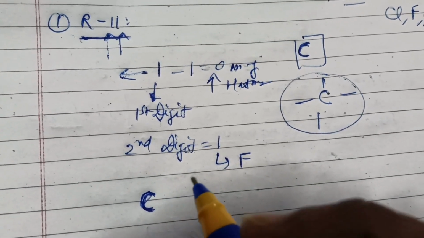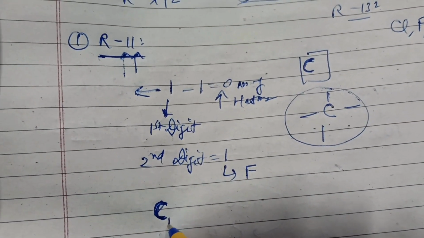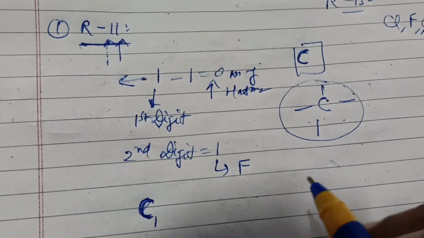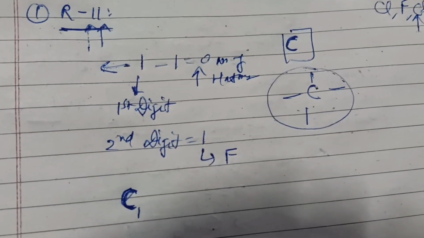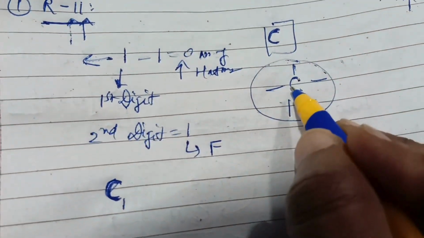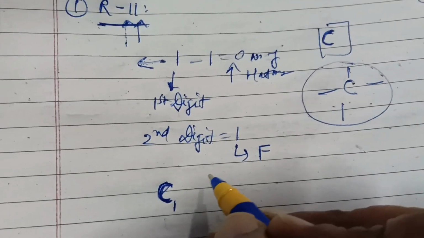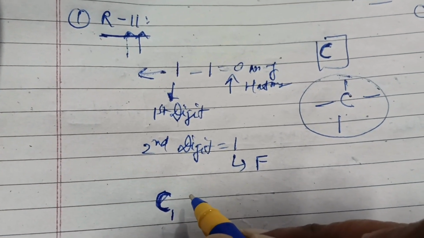So we got the formula, and you have to always write C. C1, because this is methane based, no C2, because there is no other carbon atom that is going to be bonded with this carbon atom. So C1, and H is 0, so we don't need to write H here.